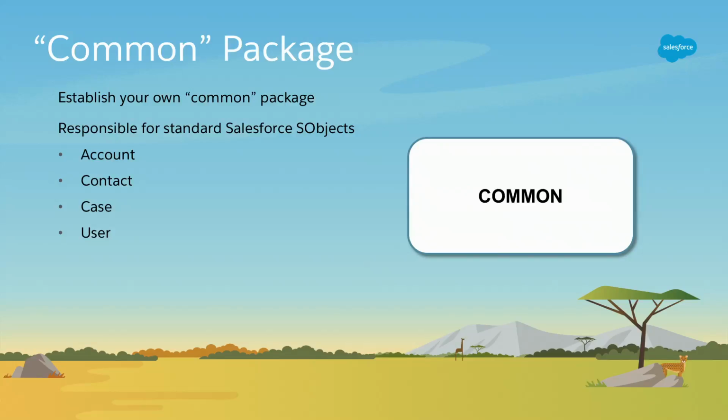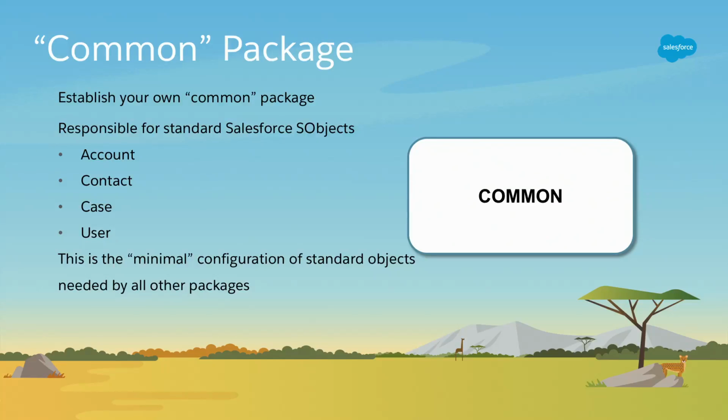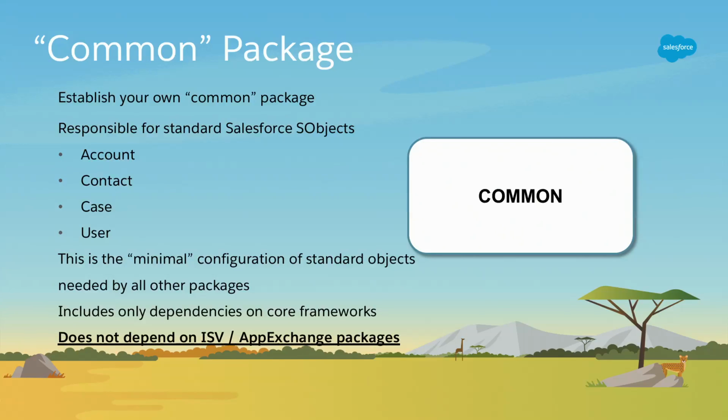So we knew that we needed to group at least the minimal amount of functions into this common package. Again, everybody was probably going to depend on this. We made sure that this common package depends on our foundation mmlib package, but it does not depend on any ISV package at all. This is important, and we'll draw this out a little bit later.